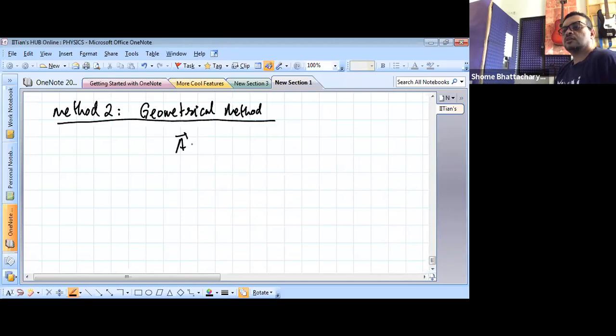So A plus B plus C is equal to R. So draw the vectors A, B and C head to tail.